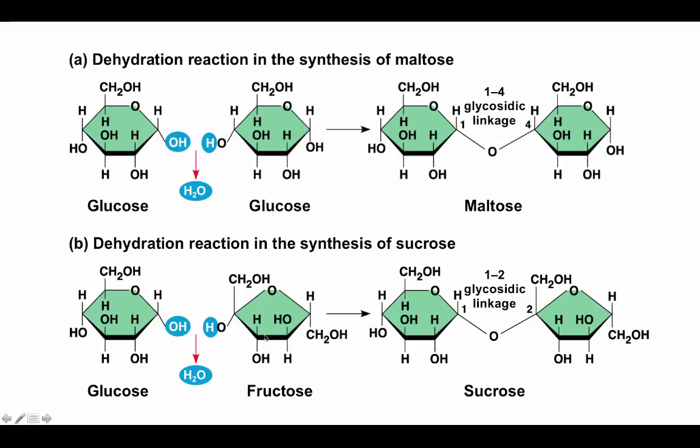In this case, this is a 6 carbon sugar linking with a 5 carbon ring. And again, we've got the 2 hydroxyl groups that are combining to boot out that water molecule. In this case, what we have is a 1,2 glycosidic linkage, the carbon number 1 from the glucose making a linkage with carbon number 2 from the fructose ring to form sucrose.